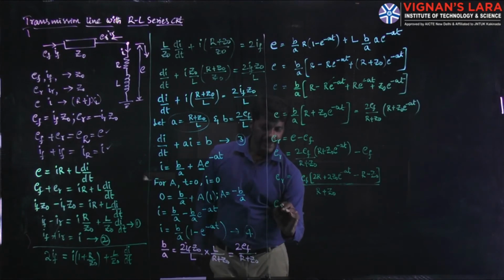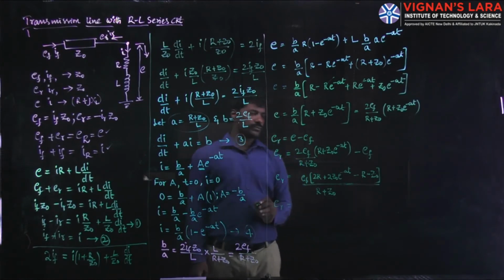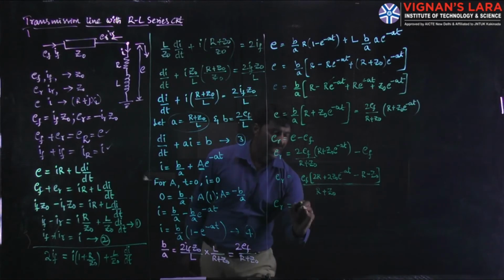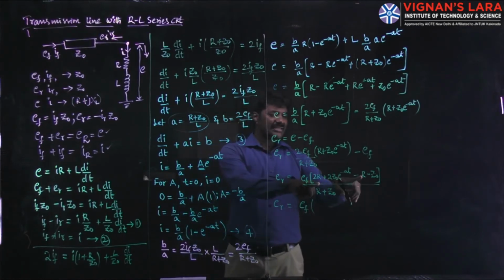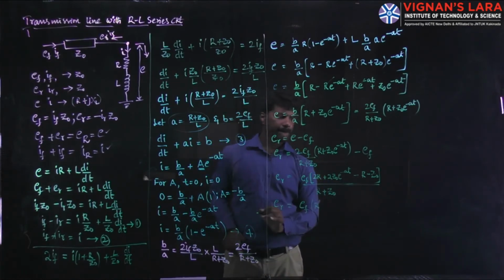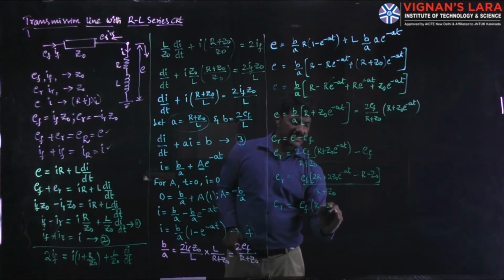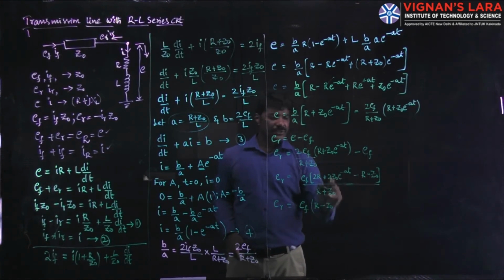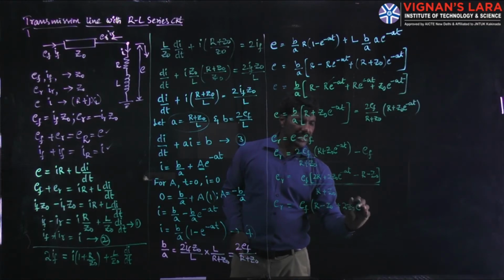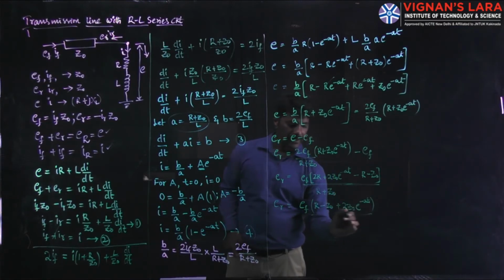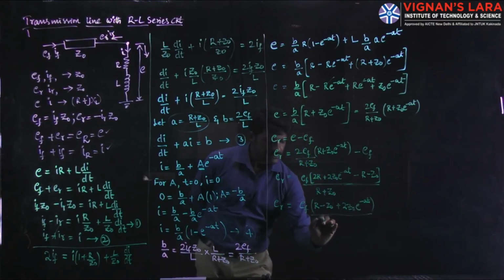Then the reflected voltage ER is equal to EF times 2R minus R, it is R minus Z naught, this term, and the exponential term was left over, plus 2 Z naught e to the power minus at, divided by R plus Z naught.